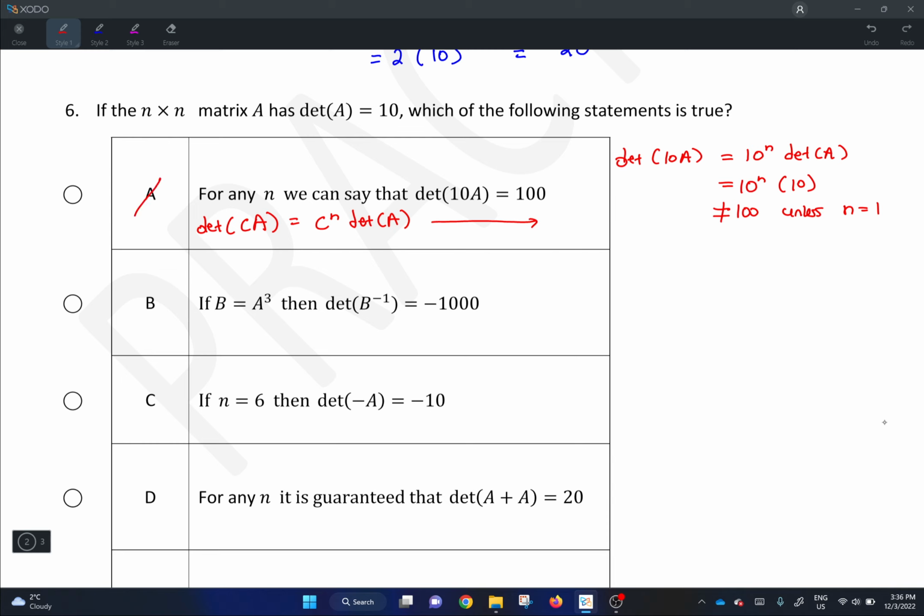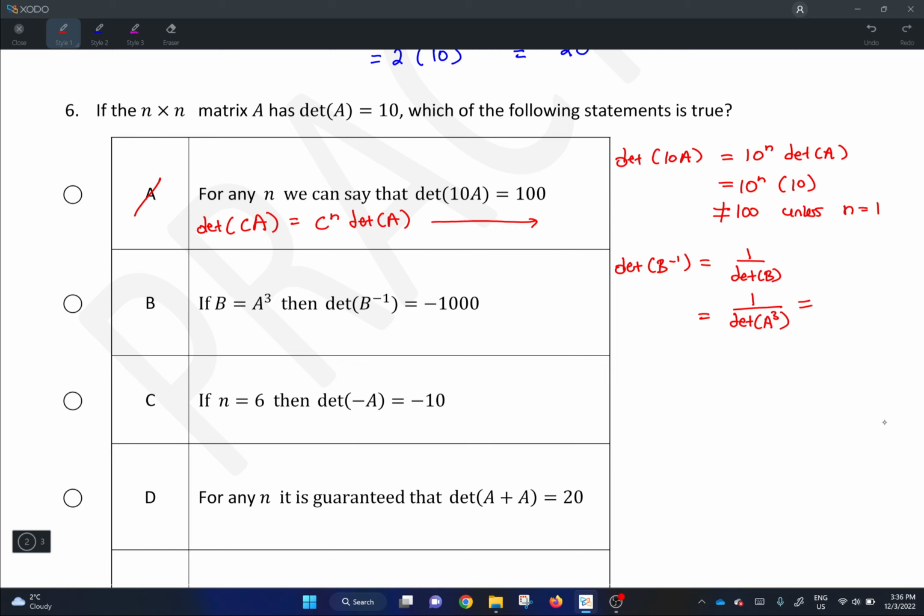Okay, B. If the matrix B is equal to A cubed, then the determinant of B inverse must be negative 1,000. Okay, the determinant of B inverse, by definition, is 1 over the determinant of B. And then the question says that B is equal to A to the power of 3, so that's 1 over the determinant of A to the power 3.